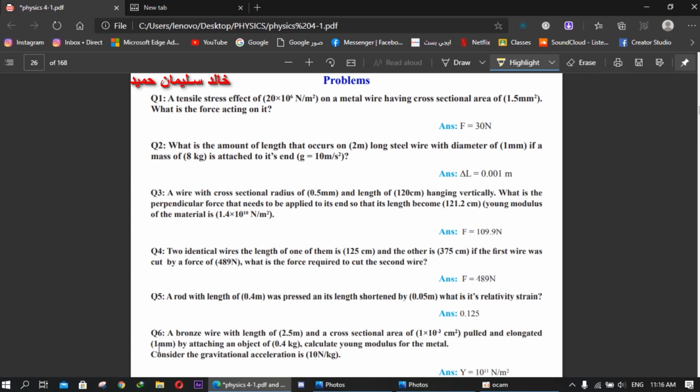This must be converted to meter and the area must be converted to meter squared. By attaching an object of 0.4 kilogram, calculate Young's modulus of the metal. Consider the gravitational acceleration is 10 Newton per kilogram.